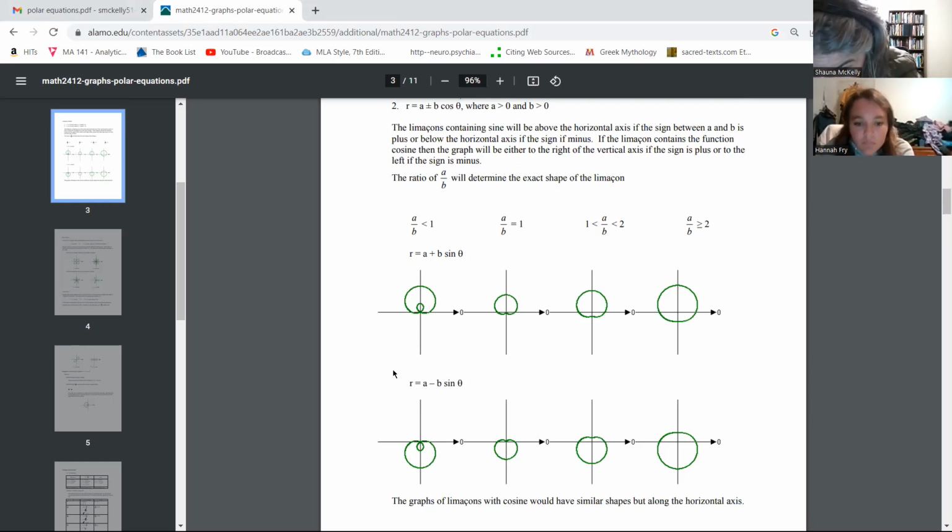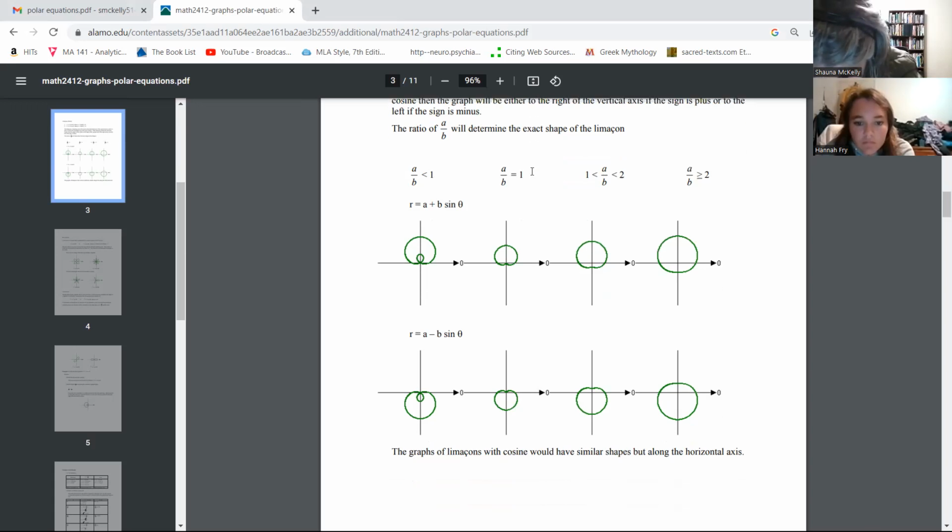So if I have A minus B, then it's going to be below it. Now, if the limaçon contains the cosine, then the graph will be either to the right or left of the vertical axis.